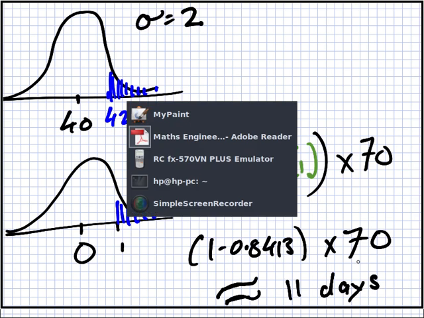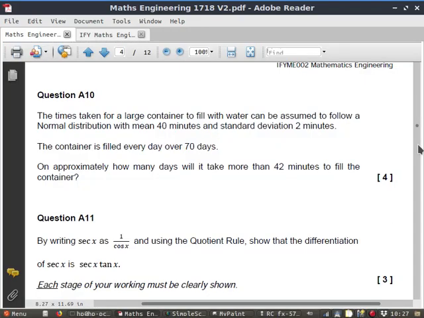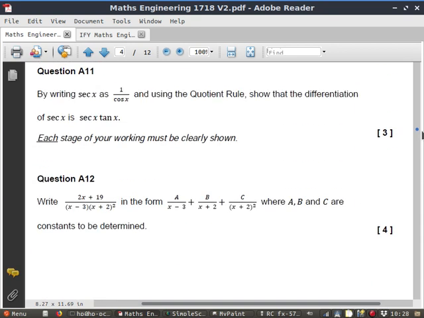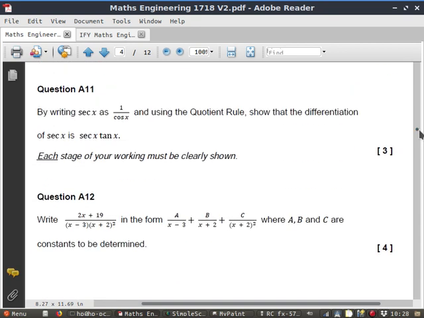Will we look at the next one? So the next one is only 3 marks, so 3 minutes. Go.